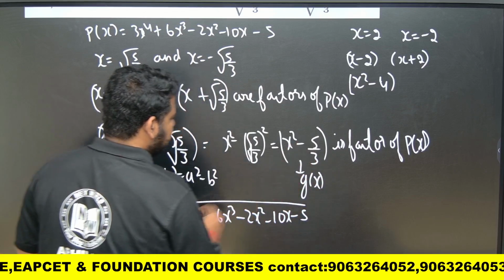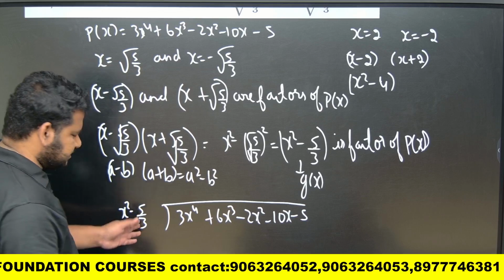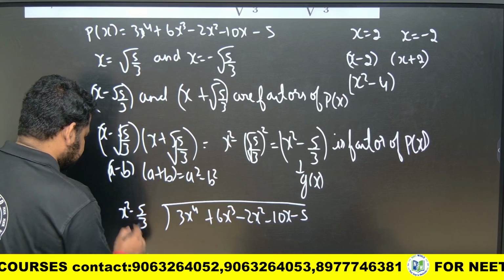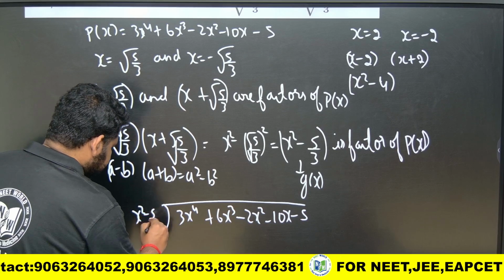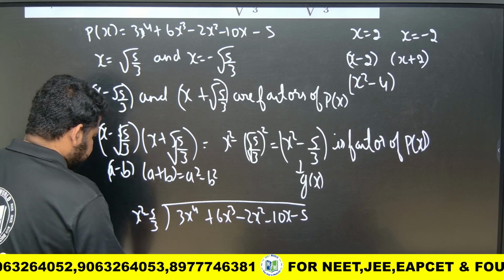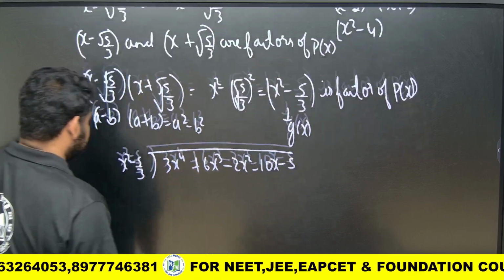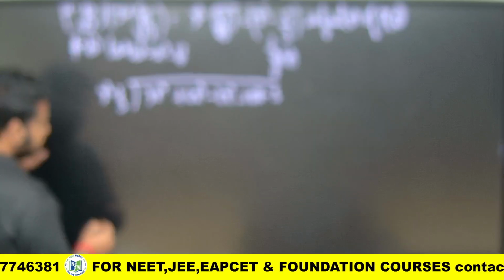What is the g of x? We got x square minus 5 by 3. Just because it's in fraction, no need to get scared, easily we can solve. Let me write it here: x square minus 5 by 3. Now here we have 3x to the power of 4.